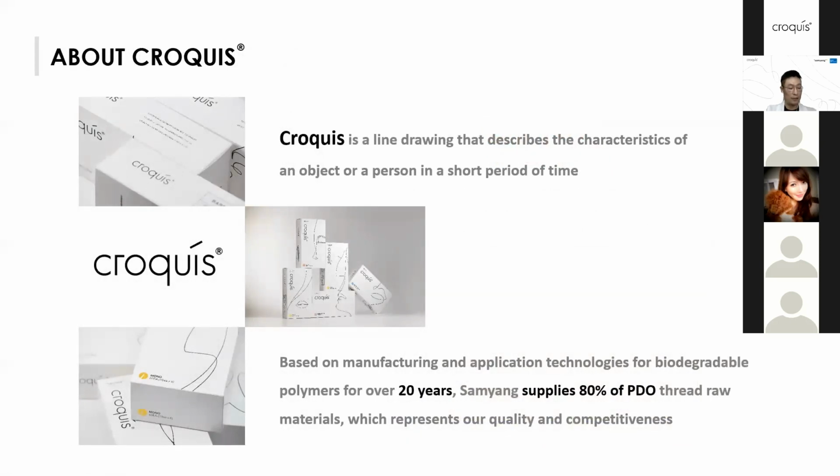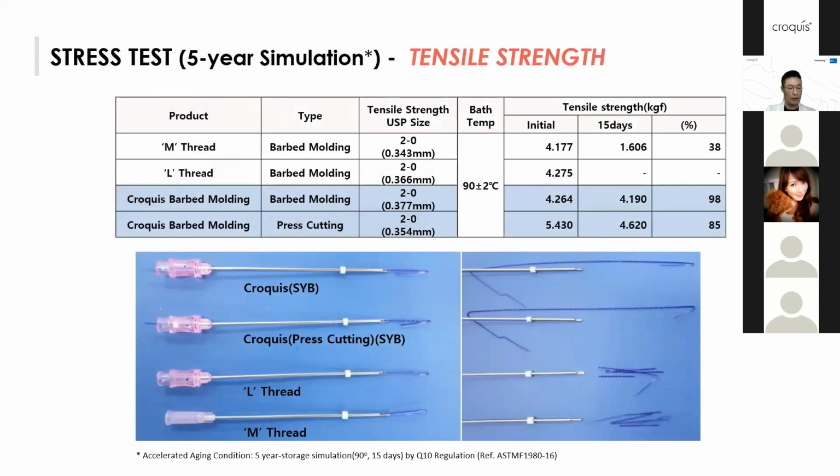However, Croquis is the most fundamental and well-made PDO thread because Samyang company has been professionally researching and developing raw materials for PDO sutures since a long time ago. And as we all know, 80% of all PDO threads on the global market are made from raw materials supplied by Samyang. So we can easily expect the quality of products from Samyang.